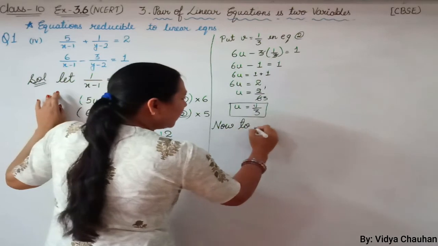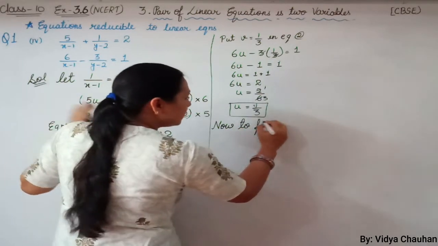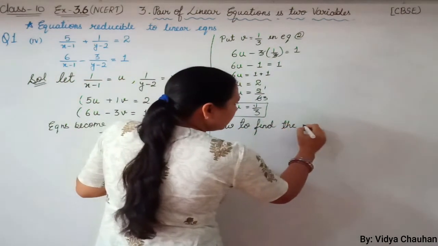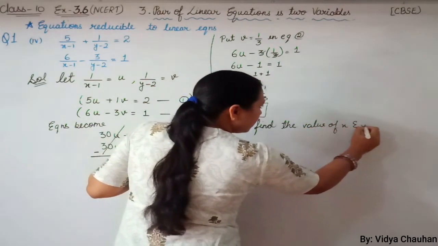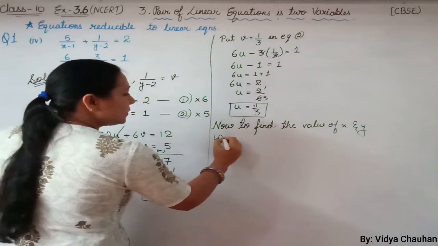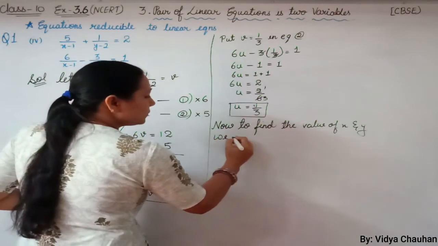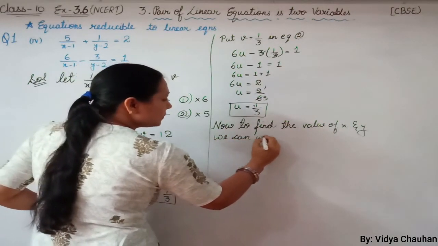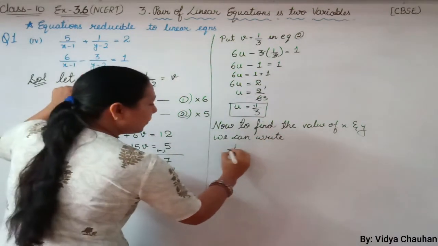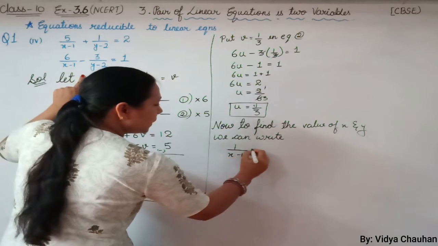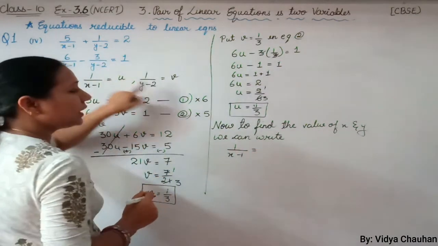To find the value of x and y, we can write 1 upon x minus 1 equals, what is the value of u?